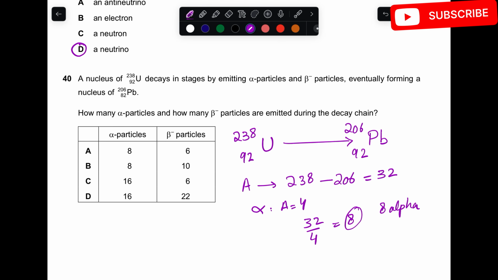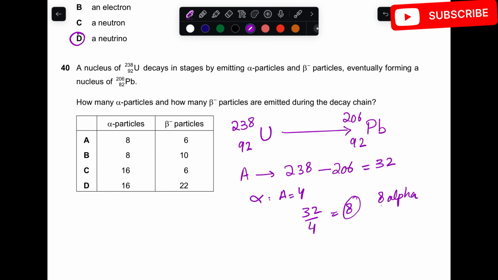Now if 8 alphas are emitted, each alpha has Z equal to 2, so 2 into 8 is 16. Sorry, this is 82, my mistake.